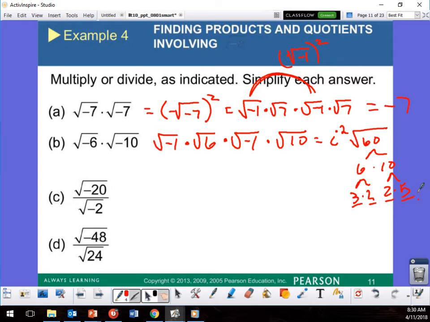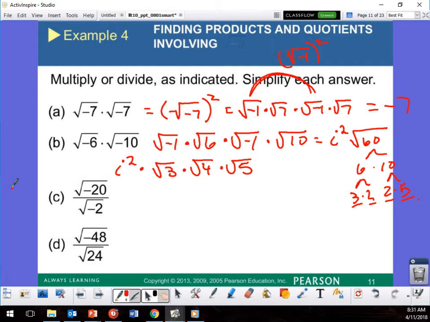There's two twos, so combine them and then square root that and take it out. That together gives me 4. Square root of 4 is 2. So let's still bring my i squared times radical 3 times radical 4 times radical 5.